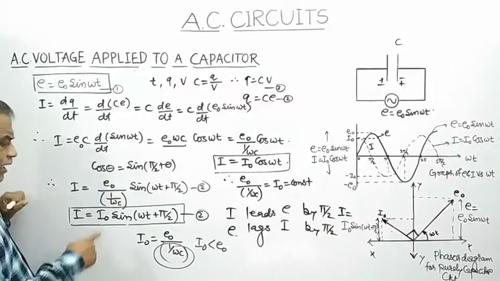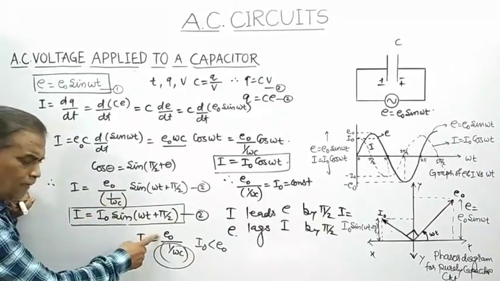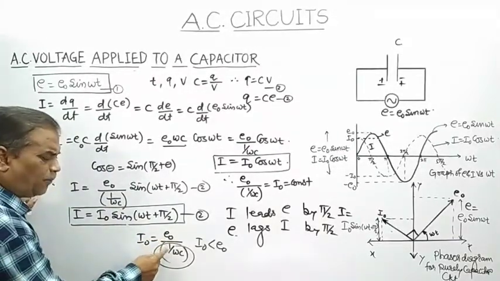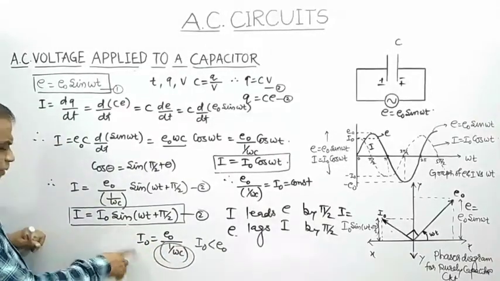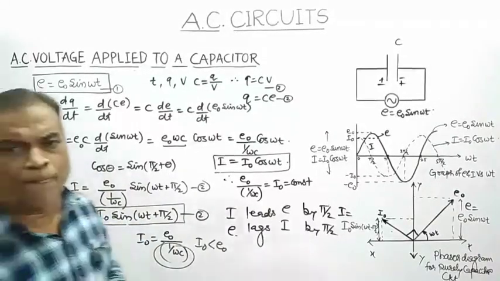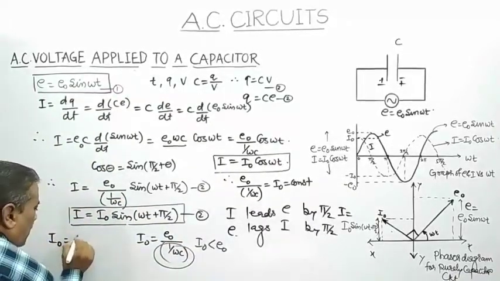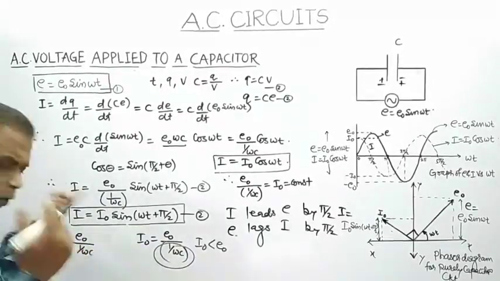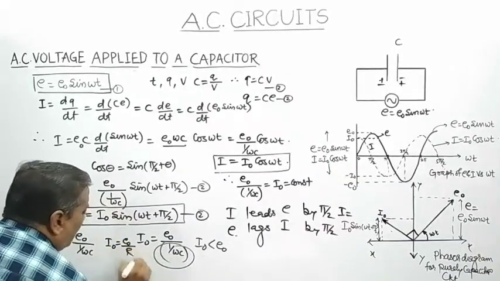Now, E0 is constant and 1 by omega C is constant, so if I replace E0 upon 1 by omega C by a new constant I0, then we get I equal to I0 sin of omega t plus pi by 2. Now if I compare this equation I0 equal to E0 upon 1 by omega C with Ohm's law, what is that Ohm's law? I0 equal to E0 divided by R.